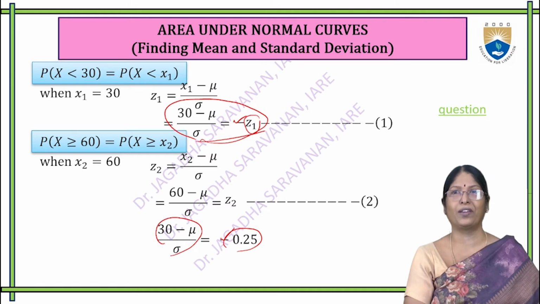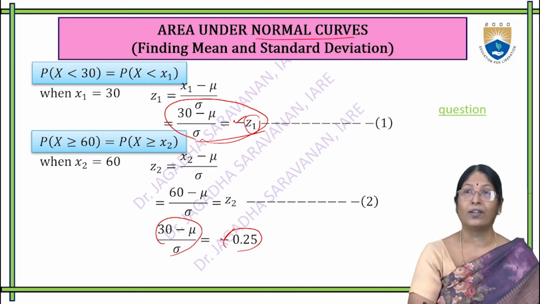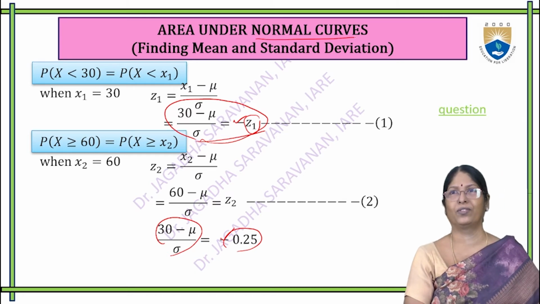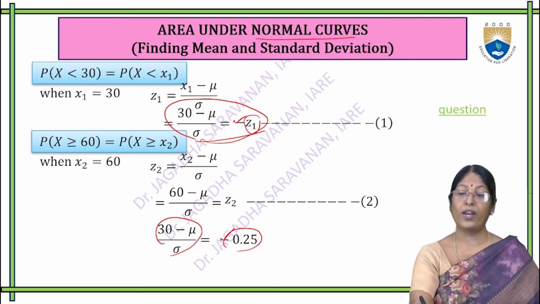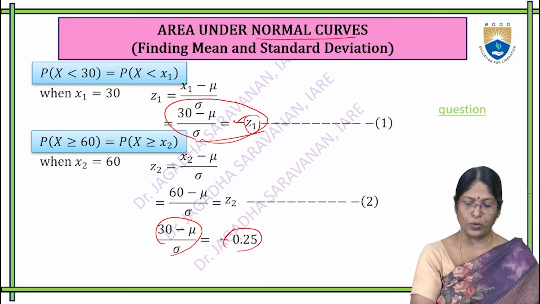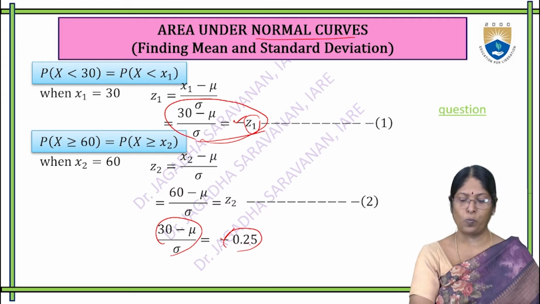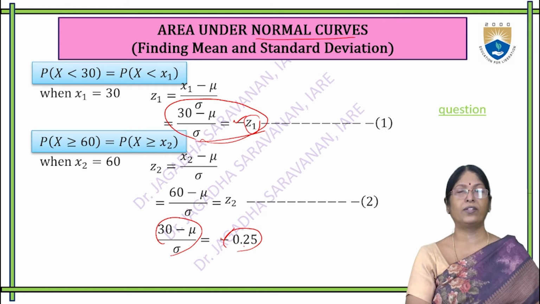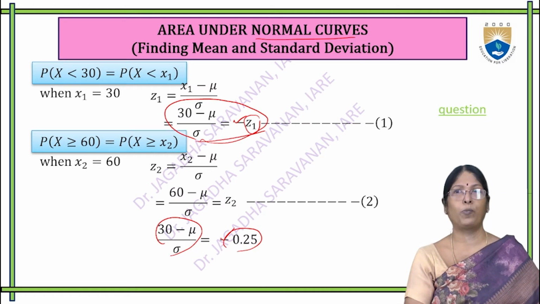Here we have taken only the topic, the normal curves, which play a very important role. Using the normal curve concepts we have written 0.25. In the next slide, practically with the help of curves, we will explain. For the time being, we will accept that Z1 is 0.25.